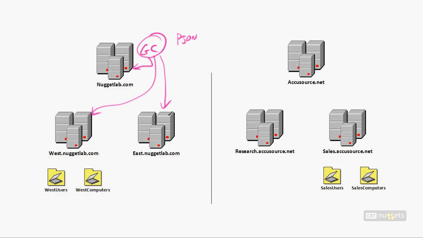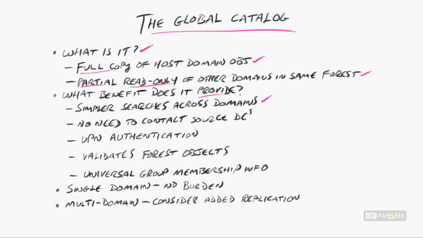It doesn't actually go down here to look for this domain controller and then perform a query against it. It doesn't have to. Because the domain controller up here that's a global catalog will just search against the global catalog and not bother contacting this domain controller down here, and it'll immediately be able to give search results related to what it finds in the global catalog, and it can find that P. Jones account. So there's no need to contact the source domain controllers, is what I'm saying there.